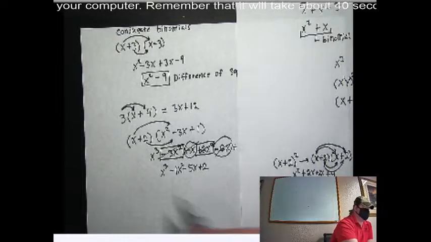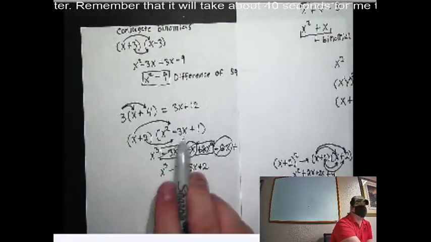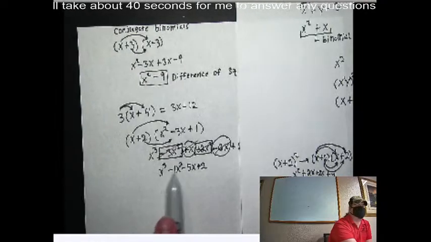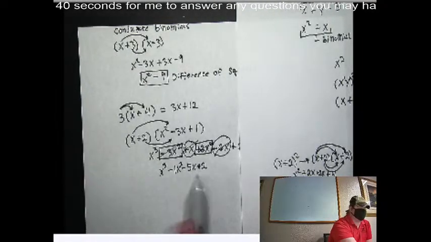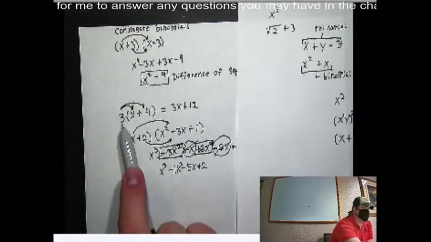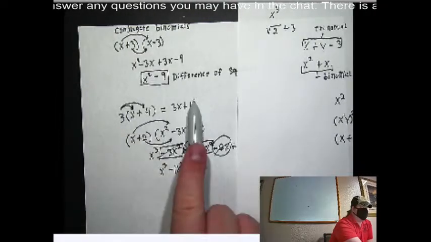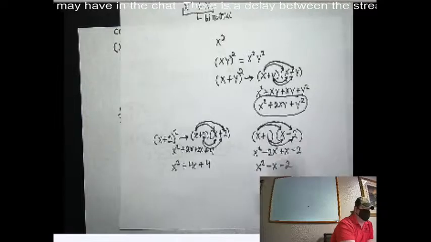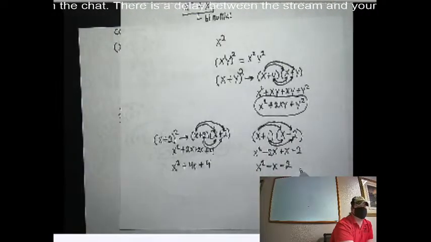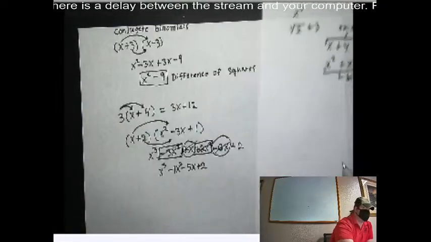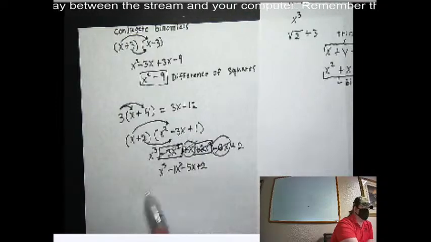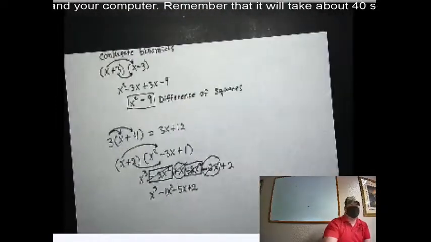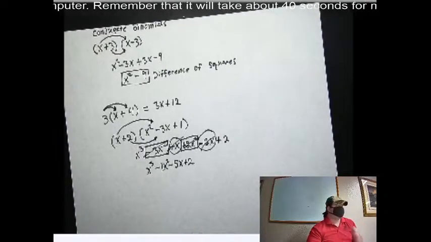So as we increase the terms in our polynomials, the result also increases its terms. So once again, I'll show it to you one more time. Binomial times a binomial, we have 3 terms. So it's increased by 1. Binomial times a trinomial, 4 terms. It's increased by 1.